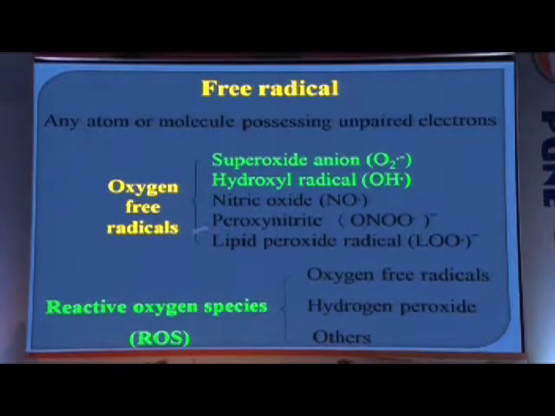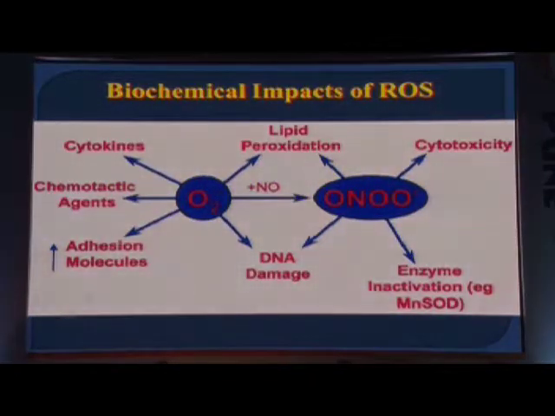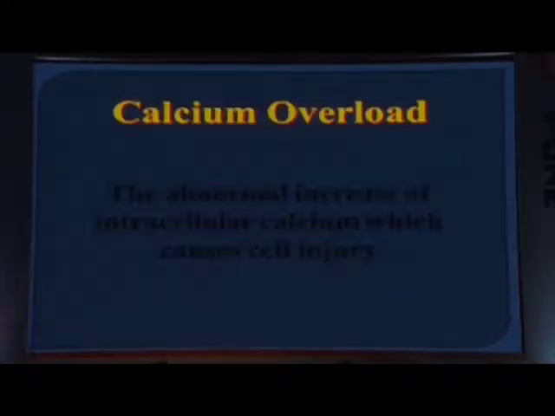That is why more research is going on, and the role of antioxidants is coming into clinical practice. These are the biochemical effects of the reactive oxygen species. Various effects can come, from cytotoxicity to DNA damage to additions of molecules, chemotaxis and lipid peroxidation. All these can come because of the reactive oxygen species.